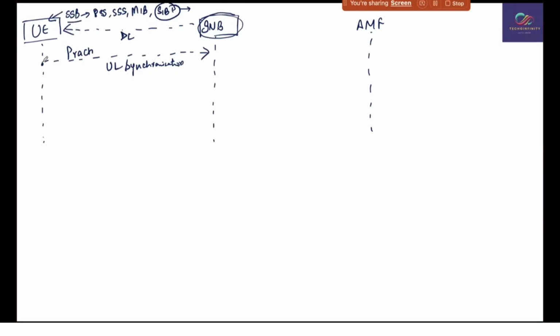And then the first thing which you are sending in the uplink is the physical RACH. And why are we sending the RACH? So as to get uplink synchronization, because Gnode B is synchronized and UE also wants to be synchronized with Gnode B in the uplink. Till now, DL synchronization has been done, right? So when you are sending the RACH for uplink synchronization, you want to know when you have to send.